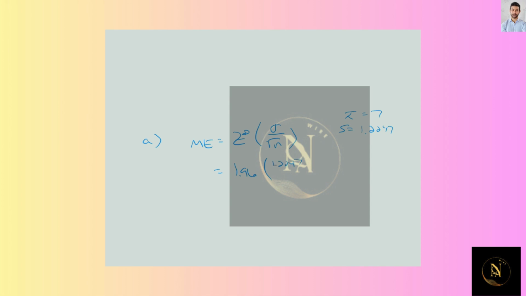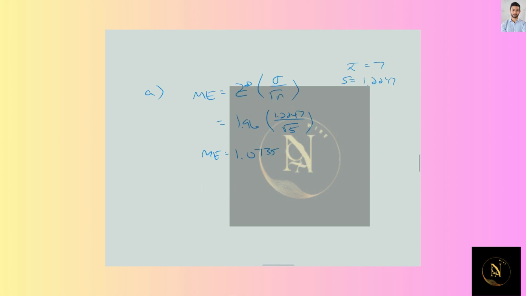And so there's 5 in the sample. And so the margin of error, I'll give to 4 places. We use 1.96 for the critical z at 95%. And so this would be 1.0735.